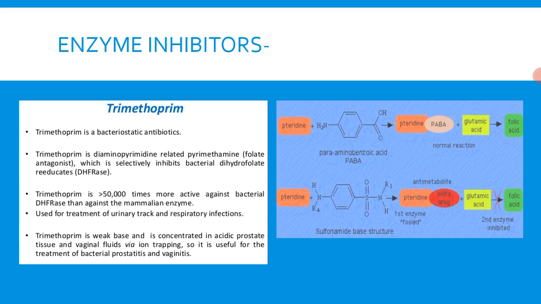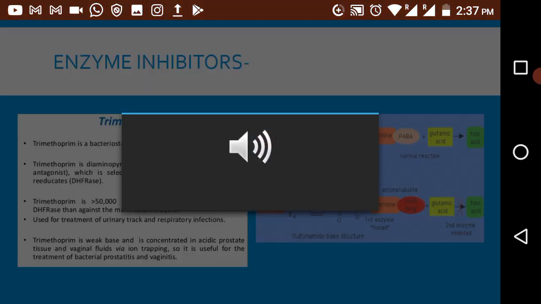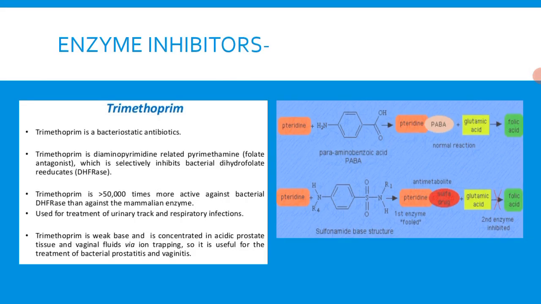Now the dihydropteroic acid synthesis is from pteridine plus PABA, that is the para-aminobenzoic acid, you can see in that picture. Then this will produce the pteridine and PABA complex.